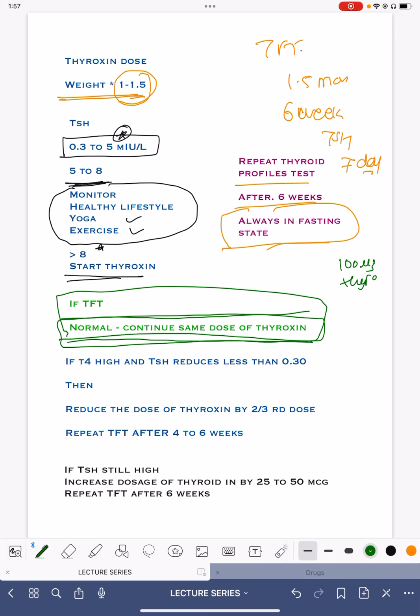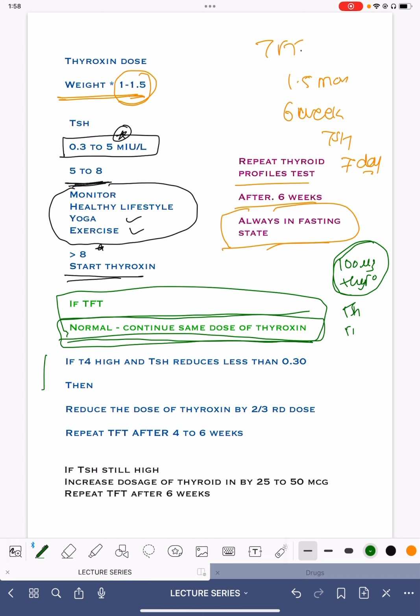After the thyroid function test at 1.5 months, if the TSH becomes normal, and T3, T4 come normal, it means the patient's body needs 100 microgram of thyroxine hormone per day, and it is perfectly suiting his body. So we should simply continue the same dosage, and we should advise the patient to do the thyroid profile test every 3 to 6 months if it remains normal.